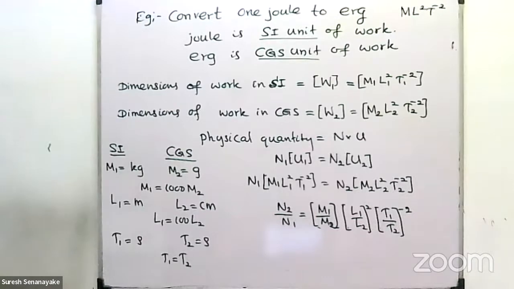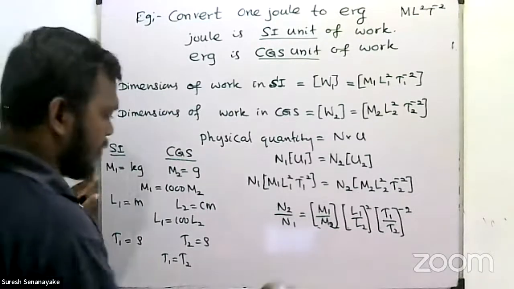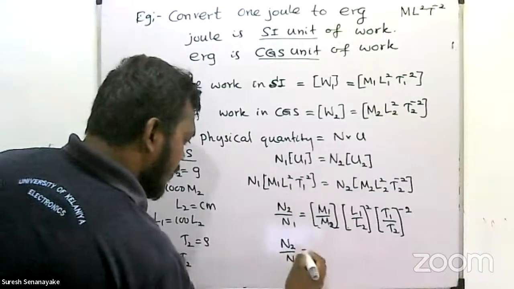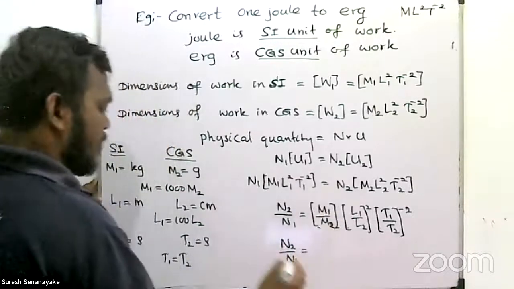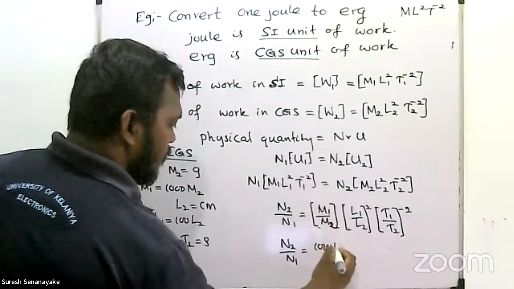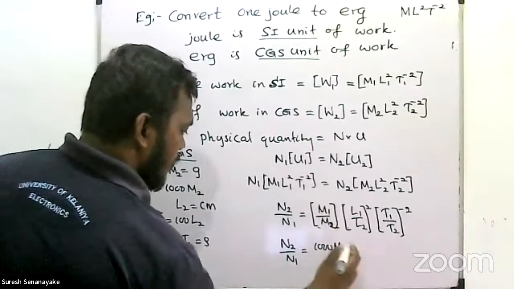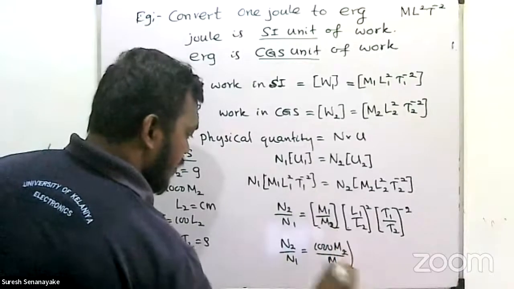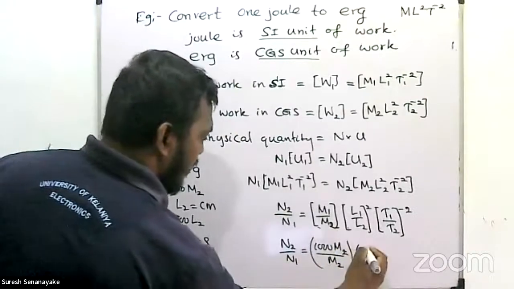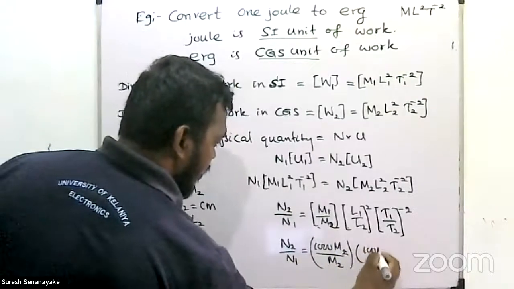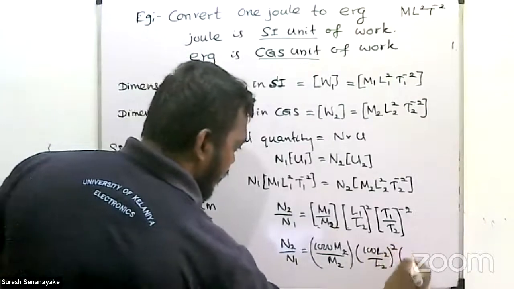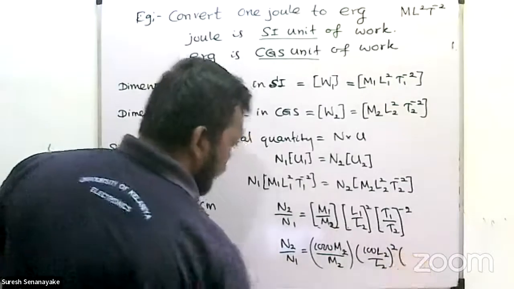You can get that, so I will substitute there. N2 or N1, M1 is equal to 1000 times M2, divided by M2. Then L1 is 100 times L2, squared. T1 equals T2.